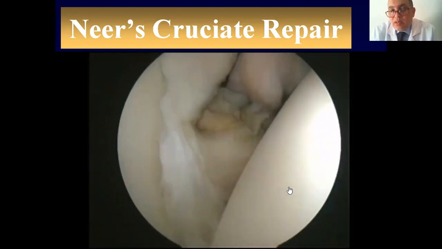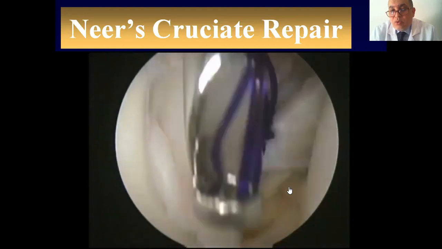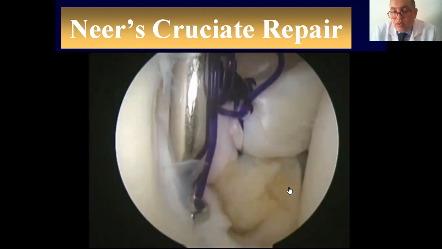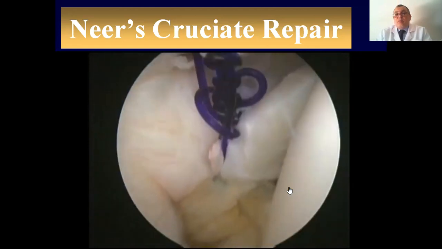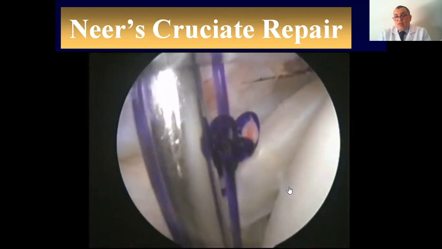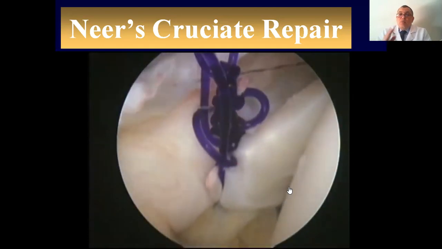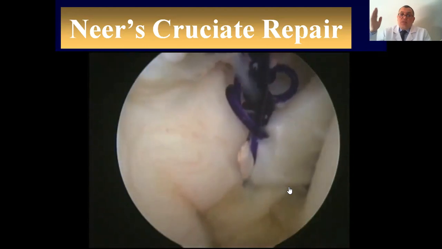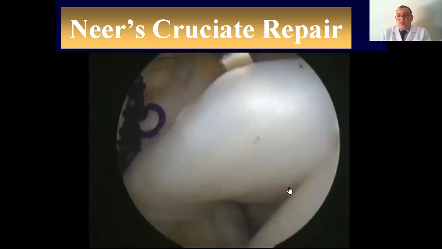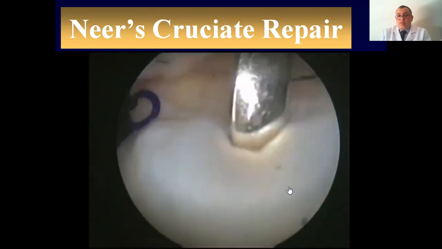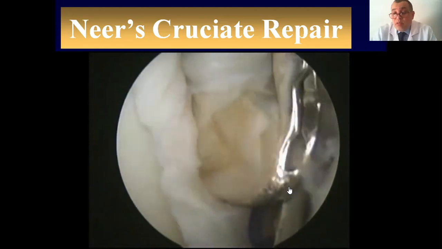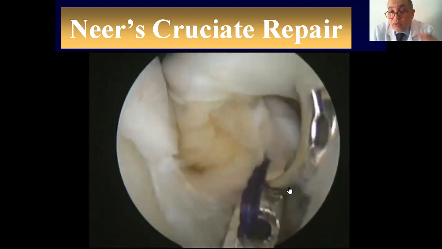Tightening this suture will pull or shift this triangular flap upwards, performing an inferior capsular shift. This is repeated at a more lateral position, just near the already performed bony trough.